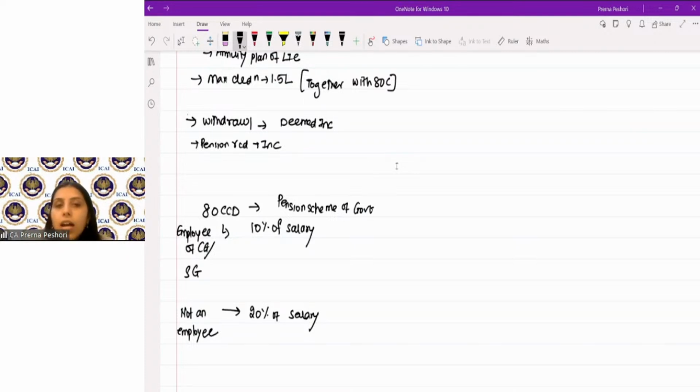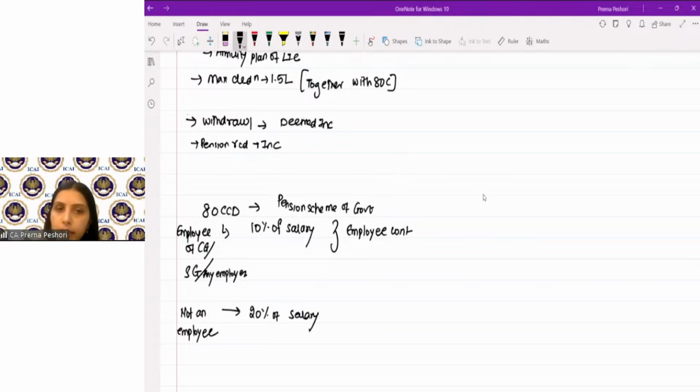So the employee is allowed a deduction for the amount paid or deposited by the employee. This is the employee's contribution, which is 10% of the salary. Central government, state government, or any employer. Are we clear? Now, what about the employer's contribution? The employer's contribution is also allowed as the deduction.